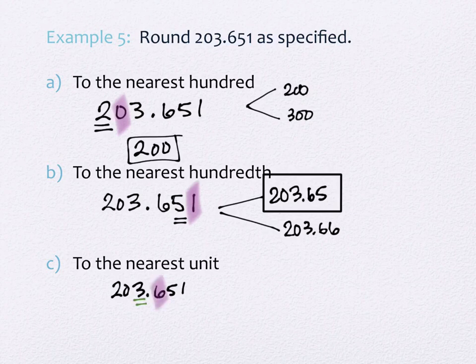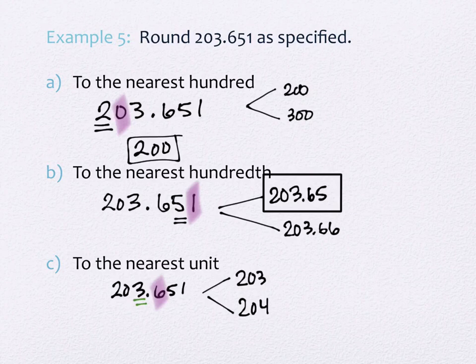Which means I'm looking at the 6. So this is like, if we ignore the 1 on the end for a minute, you have $203.65, right? If you think about it from a dollar amount perspective. So if we round to the nearest dollar up and down, I have 203 or 204.